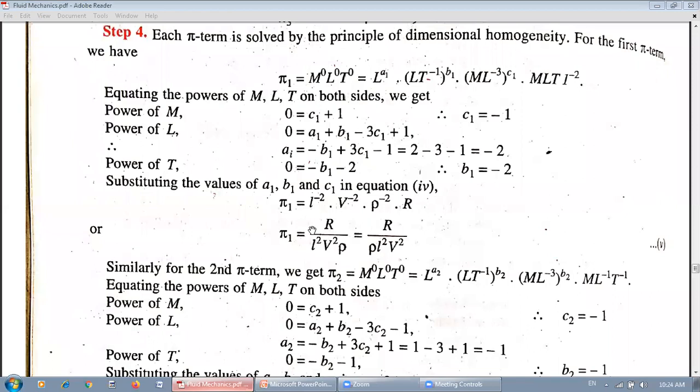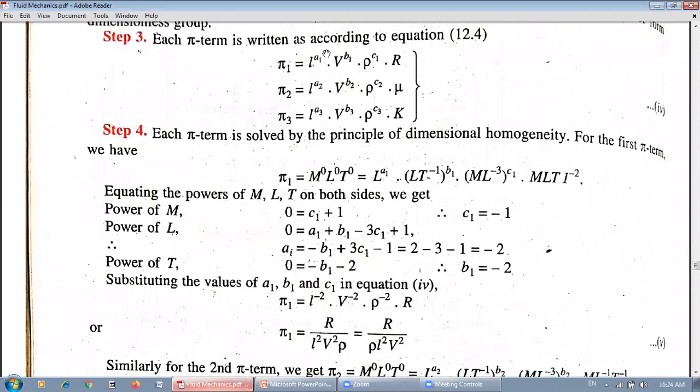So pi1 is equal to L raised to A1, V raised to B1 and rho raised to C1 into R. So we have A1 equal to minus 2, so L raised to minus 2, B1 equal to minus 2, so V raised to minus 2, and for density rho raised to C1, C1 is equal to minus 1, so rho raised to minus 1 into R.